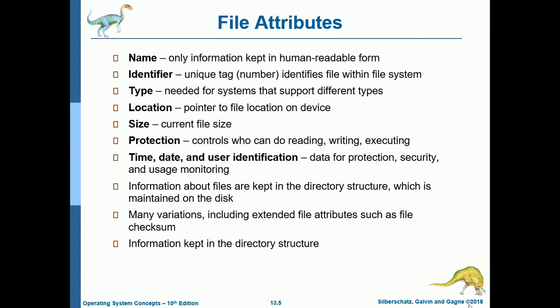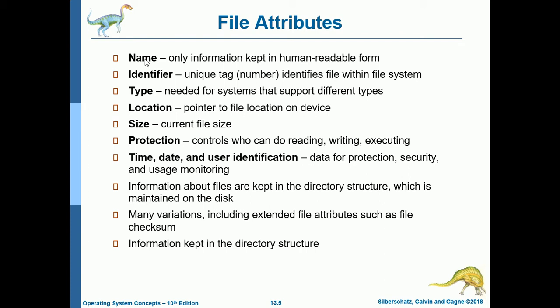Okay, next we have file attributes. The common file attributes are, first, the name, the only information kept in human readable form. Of course, this name is also called the file name. For files that the user is creating, it's the user's discretion what the name of the file will be. But for system files, for operating system files, of course it is done by the system.